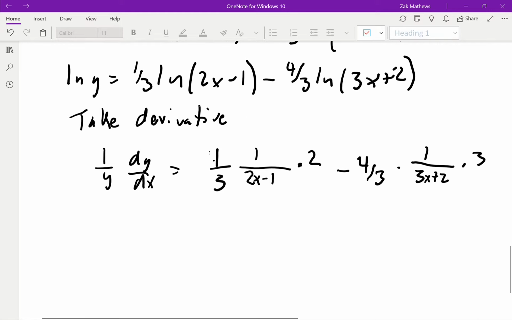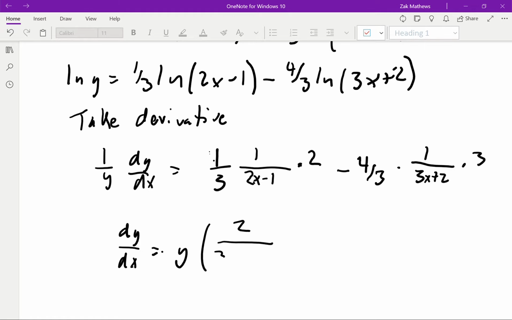So we can do a little simplification here. And I'm also going to take that y and multiply it over to the right hand side. So I would have 2 over 3 times (2x minus 1) minus, the 3's will actually cancel, so I'd have 4 over (3x plus 2).